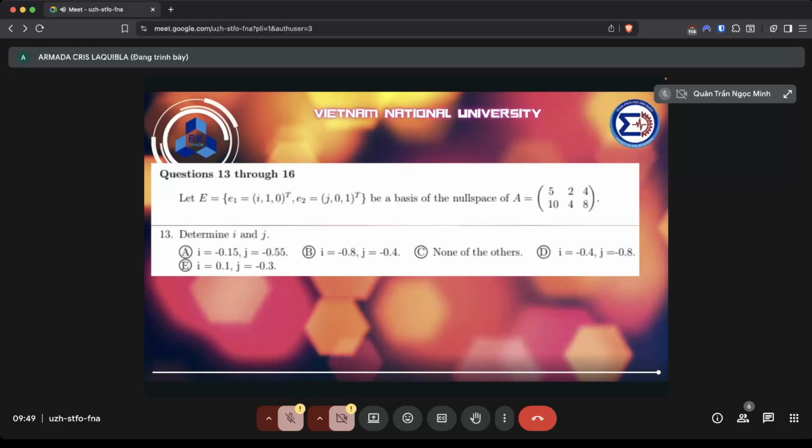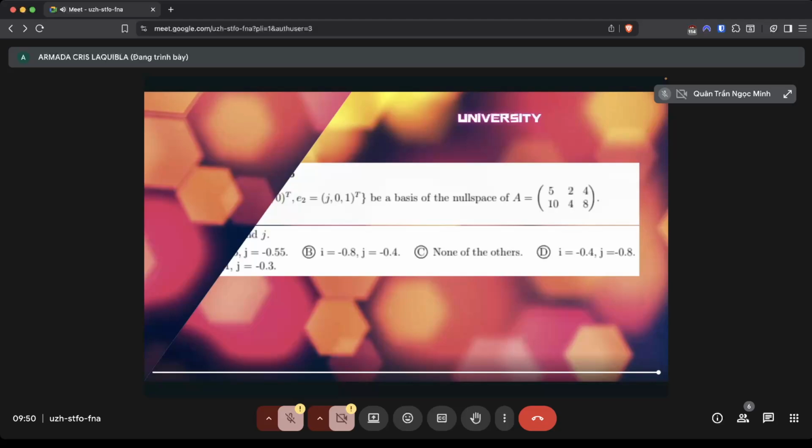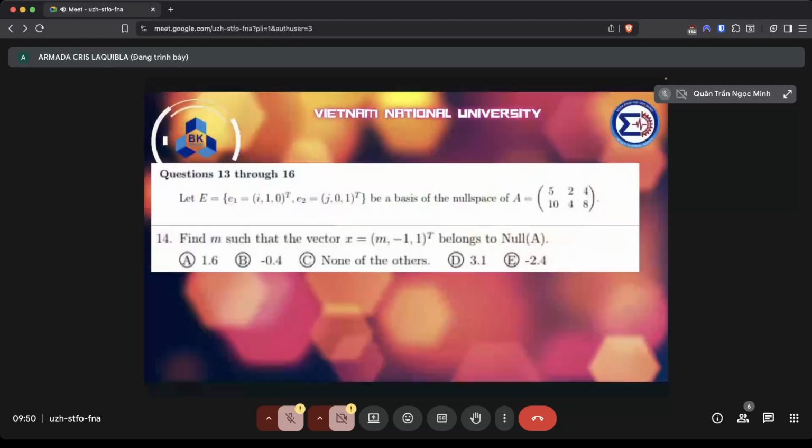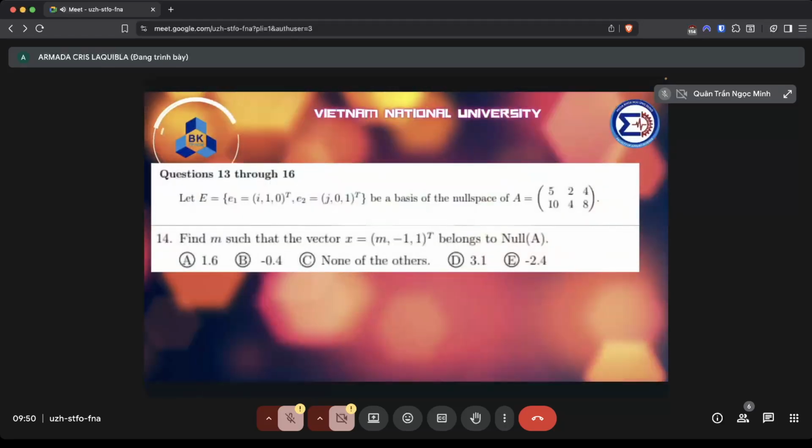Okay, please, you have to double check the first question. If you see something like this, questions 13 through 16, just an example, for question 13 you should do your best there because sometimes you use that in answering the next questions. And that's true to this example. We will use that I and J value to answer 14, 15, and 16.